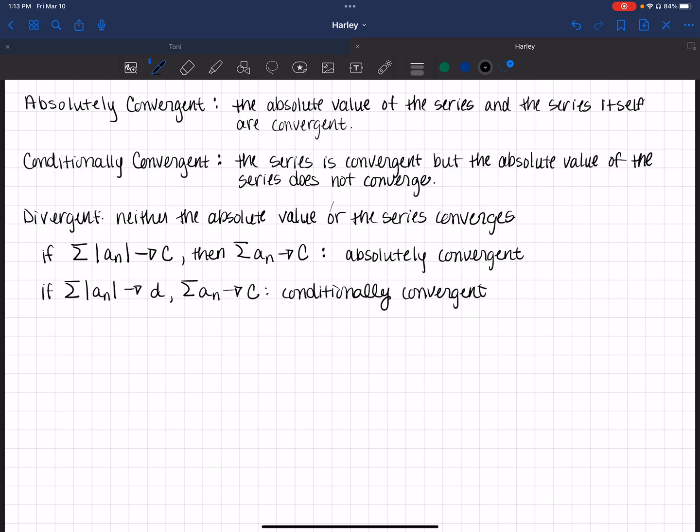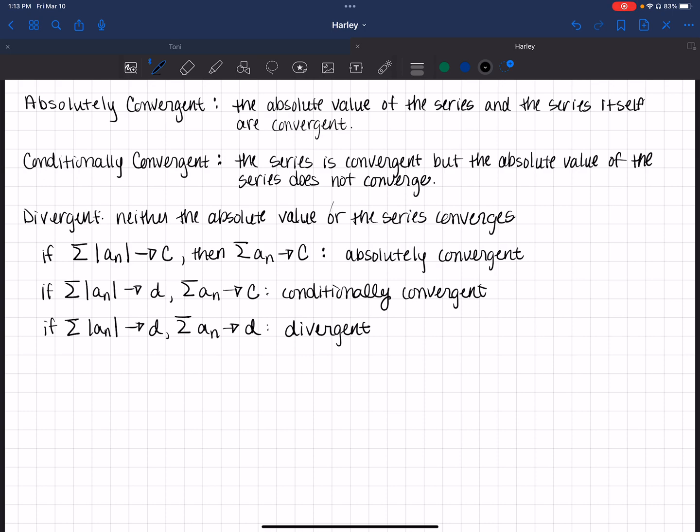So the absolute value can diverge and the series itself still converge, and it's going to be conditionally convergent. If the sum of the absolute value of the series is divergent and the series itself is divergent, then we say the whole series is divergent.